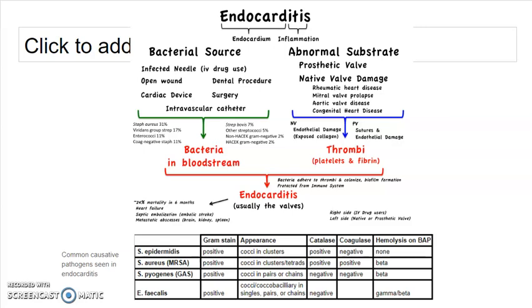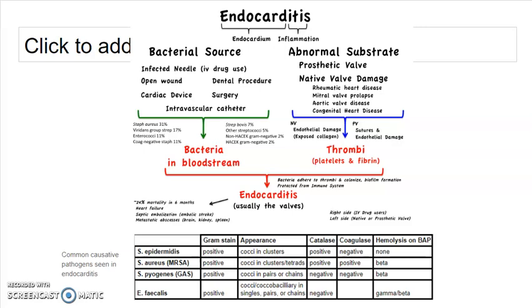And I did see in the history that she previously injected in her neck, so I don't know if that's related. But with that, a lot of the bacteria we see is Staph aureus at 31%, viridans group strep at 17%, Enterococci at 11%, and coag neg staph at 11%.